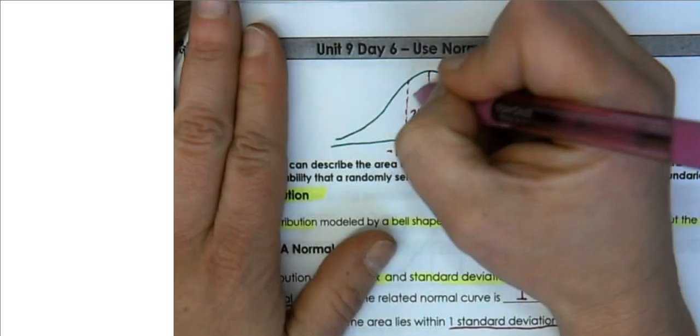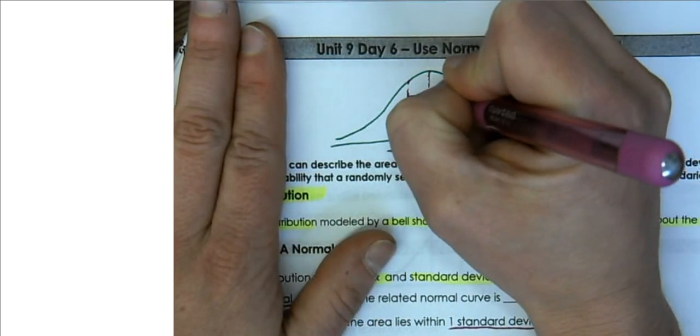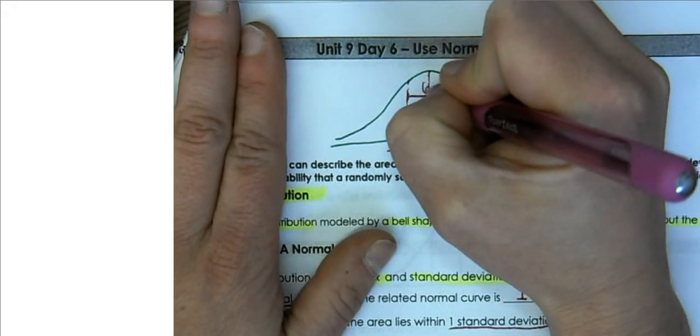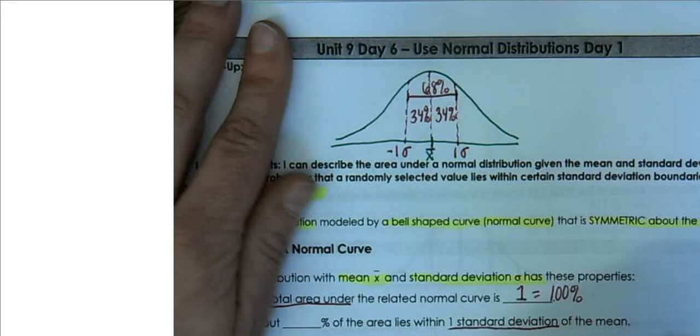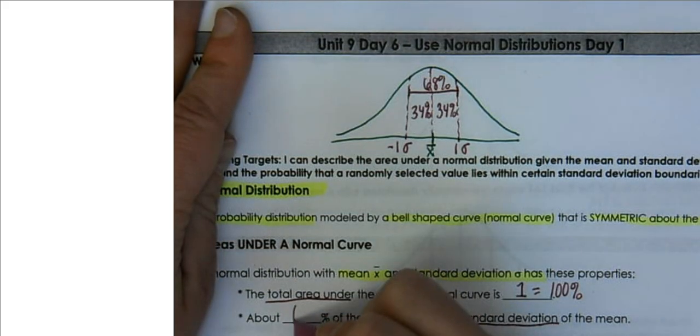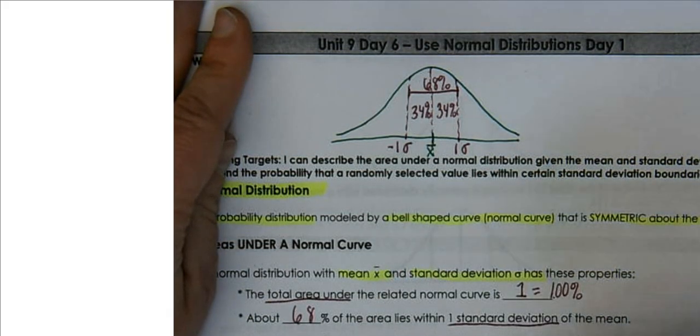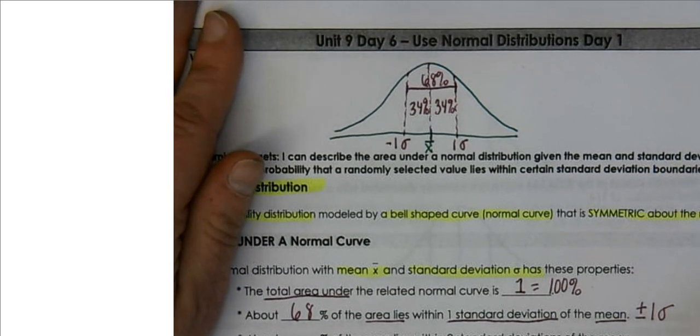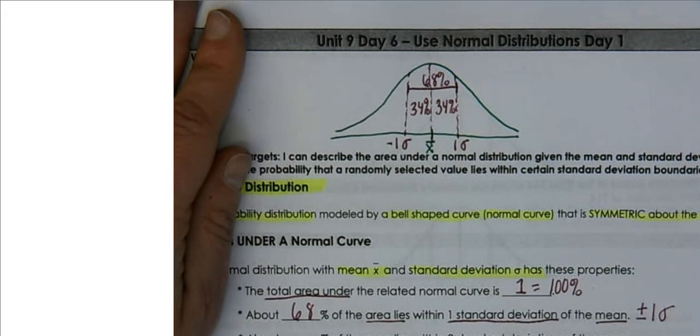In between one standard deviation above and below the mean, 34 plus 34 is naturally 68%. So 68% of the area lies within one standard deviation of the mean.